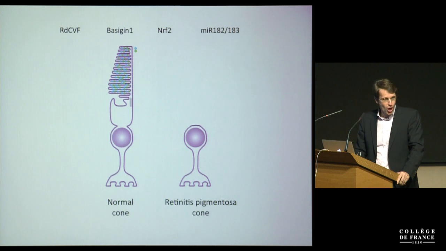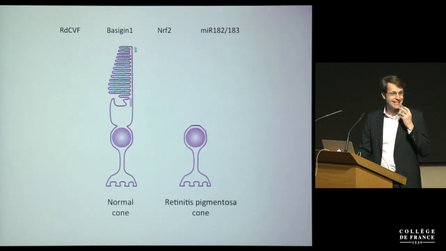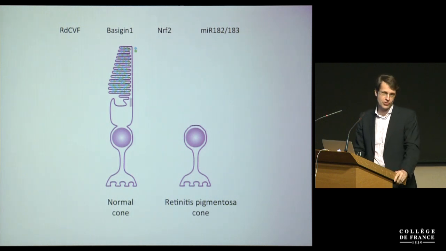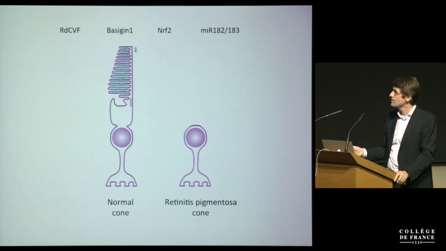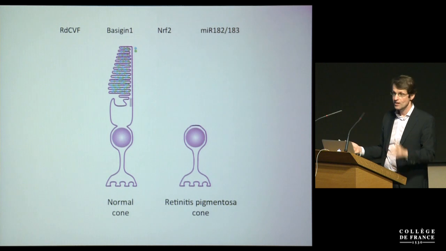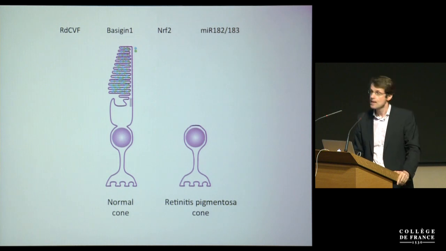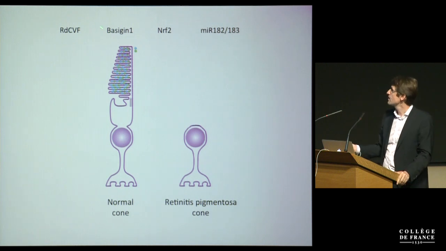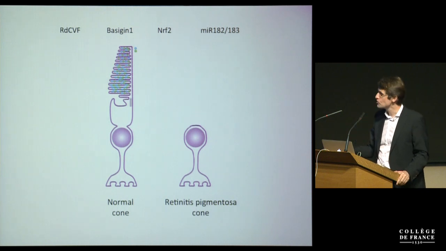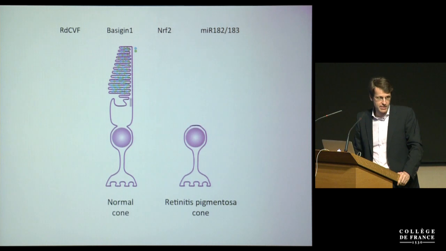So we don't yet know how to grow outer segments. All we know is that there is a molecule that's necessary for them. It's involved in the process. And in the literature, we have learned there is a lot of work on how to keep the outer segments from degenerating. For example, RdCVF, Bazigin1, and NRF2 are molecules that help cones not to lose their outer segments.